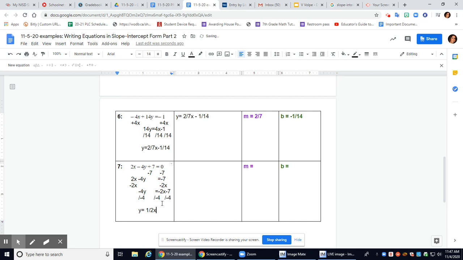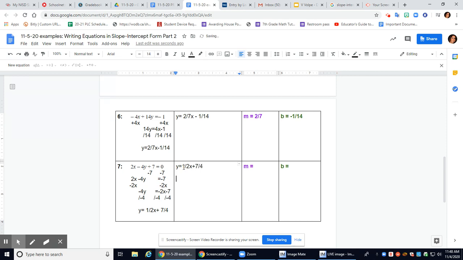You really don't want to have them as decimals. If you do, it's okay, but for the slope part, it should be rise over run, so a fraction or a whole number. So 1/2 x, and then negative 7 divided by negative 4. Well, again, a negative divided by a negative is a positive. And 7 over 4 doesn't simplify, so we just write 7/4. Okay, so my rewritten equation is y equals 1/2 x plus 7/4.